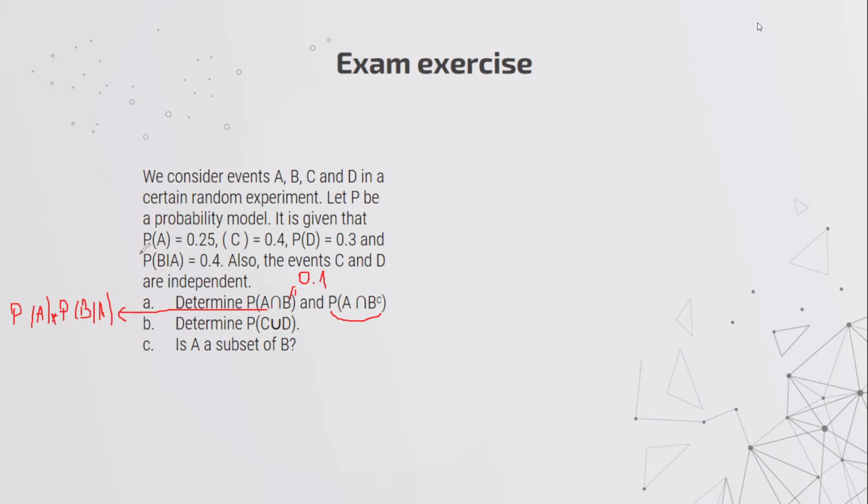Because the probability of A is equal to the probability of the intersection between A and B, plus the probability of the intersection between A and B complement. That's right.